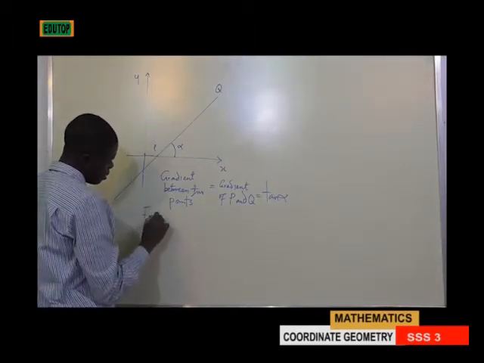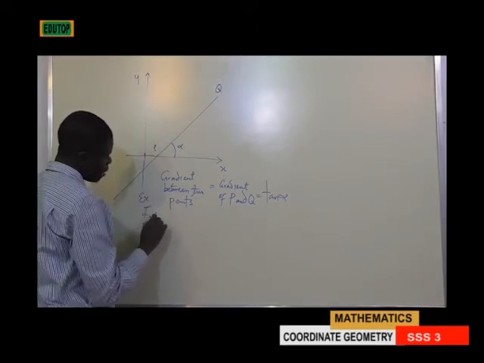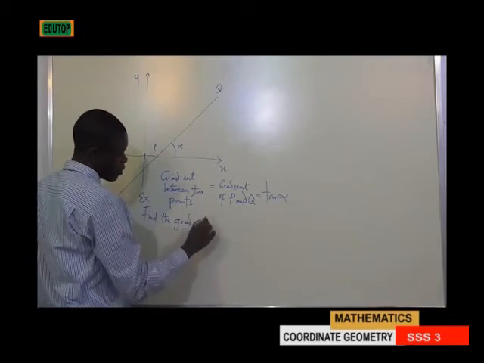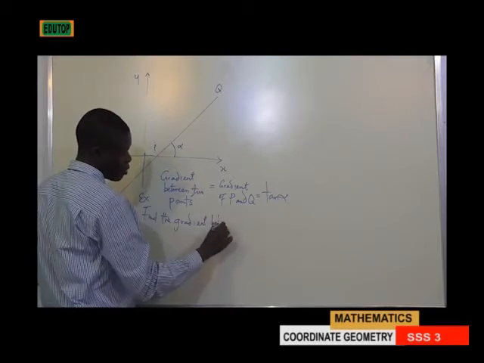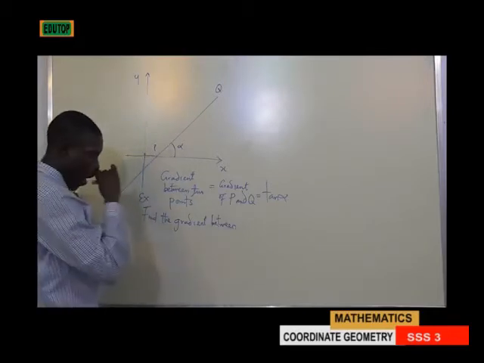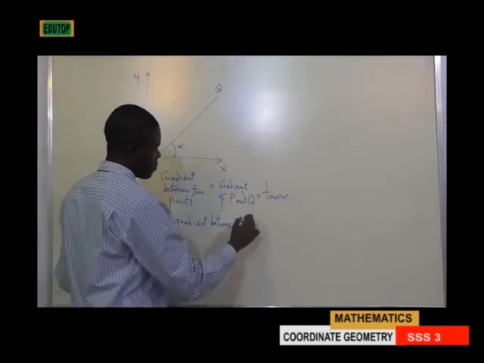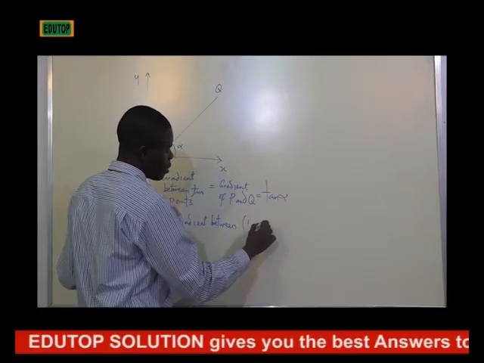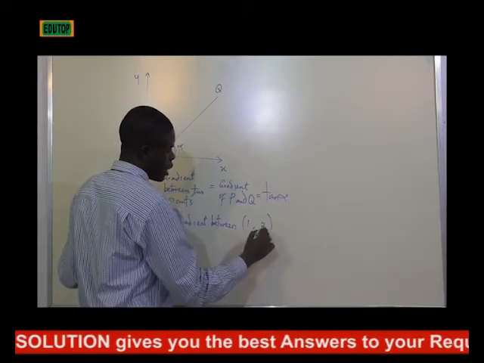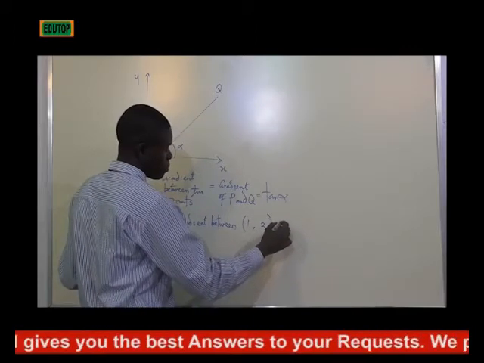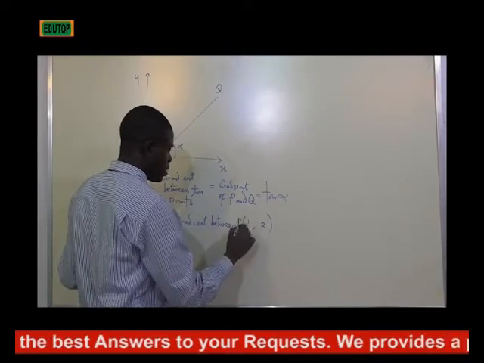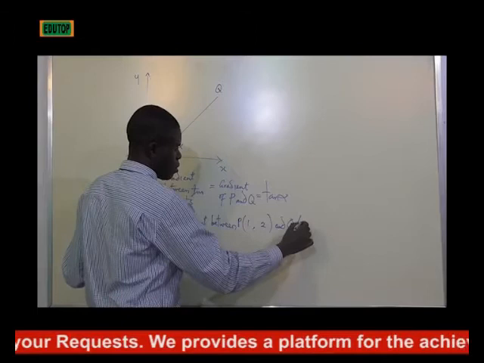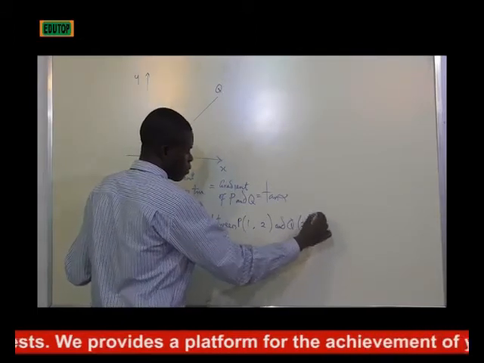As an example, find the gradient between, let's say, (1, 2), which is your point P, and Q, which is (2, 4).